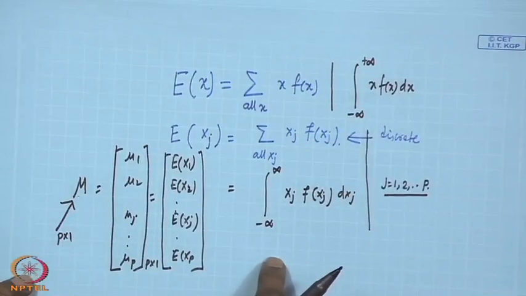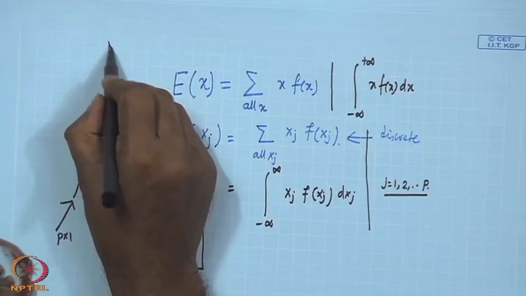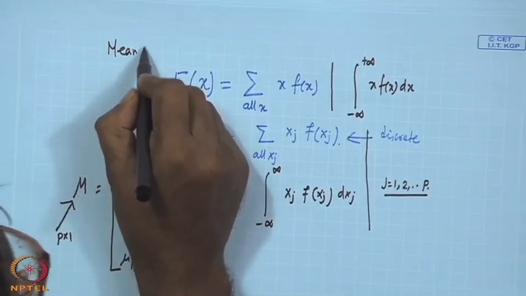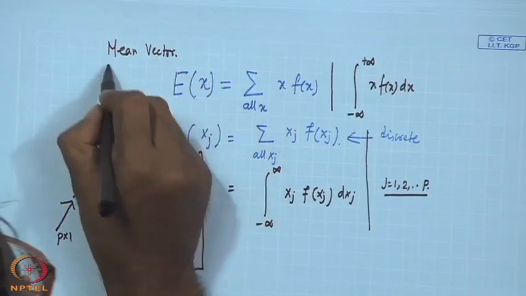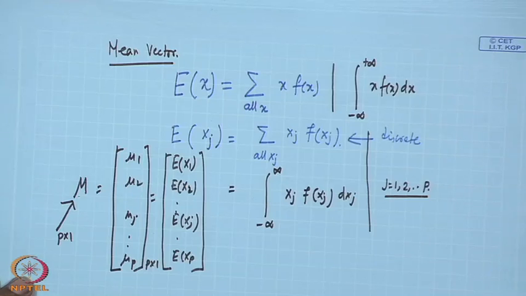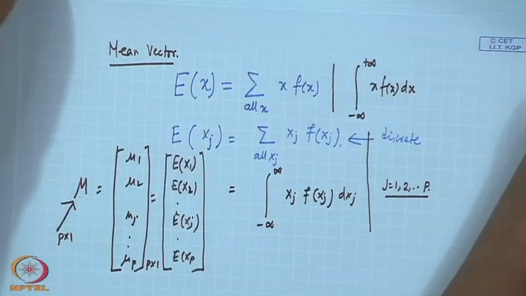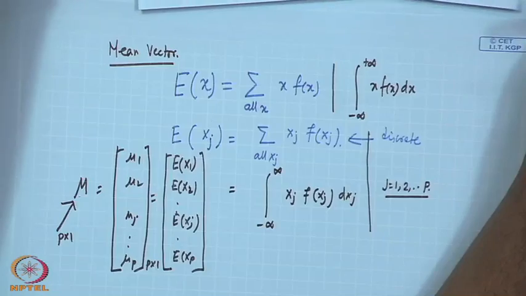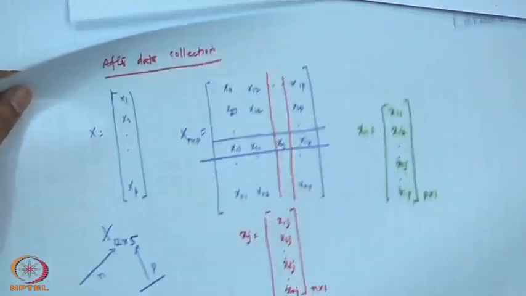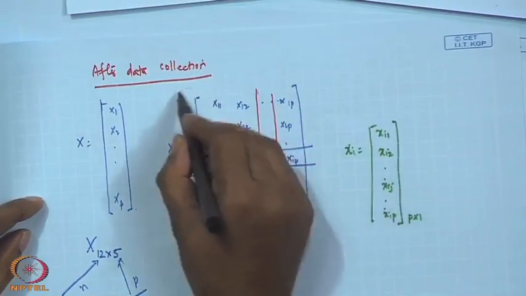Our topic now is the mean vector. When you collect data, like the 12 into 5 data I have already given you, our data matrix is this, after data collection.